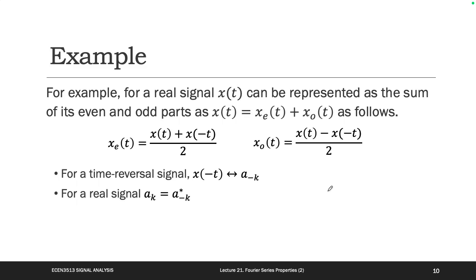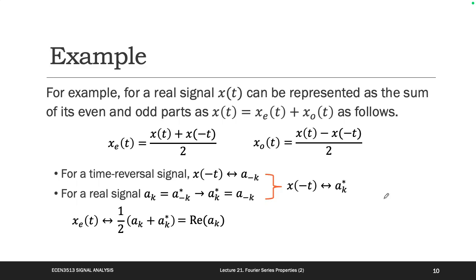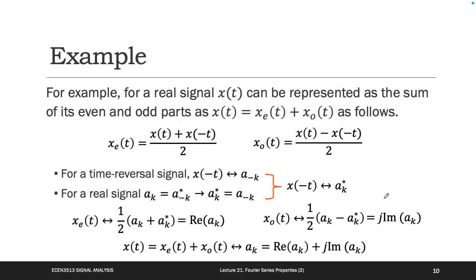Also for real signals, we have this one, which means the FS coefficient of x(negative t), if your signal is real, will equal b_k. Combining those two together, we have x_e(t), which is the real part, and the odd part. Actually, this example is just what we talked about just now, because this one does use the linearity property. Am I right? Okay. Any questions so far?